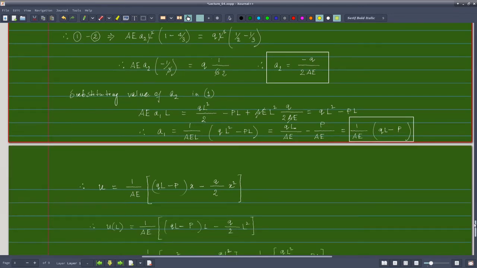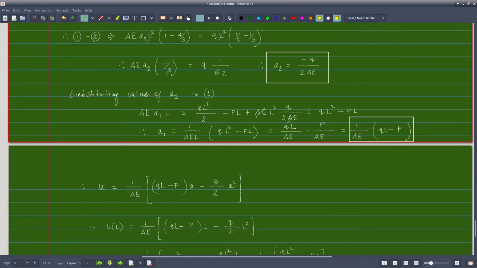So now by using the value of A1 and A2 in our original equation of U, which was A1X plus A2X square, I get U equal to 1 upon AE QL minus P into X minus Q by 2 X square, whole thing divided by AE.